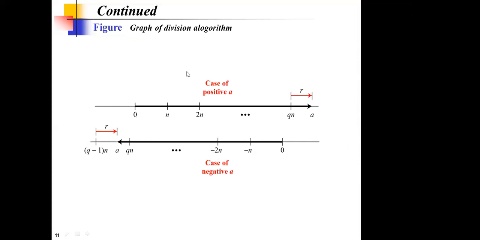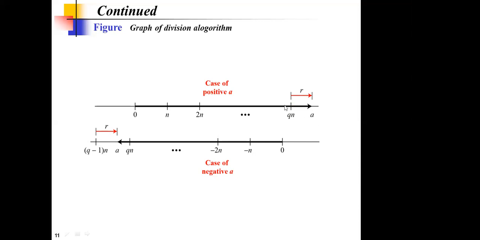Okay, graph of the division algorithm. So I have 0 to any value a, which is positive, and if I divide it by n, this q times n is here and a is here, so the remainder is the positive quantity r. So qn plus r is equal to a.